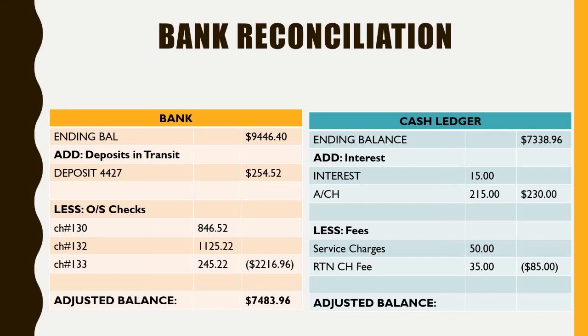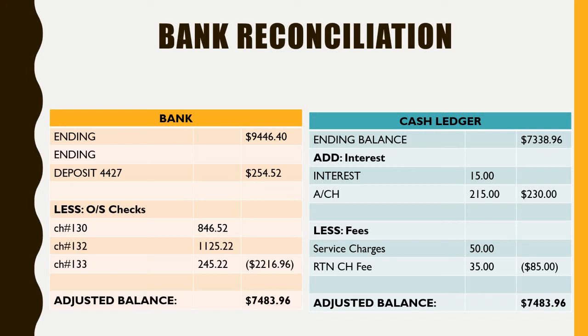So here, if I started out with $7,000, I'm going to add the $230 of interest that I've collected, and I'm going to subtract out my $85 of fees that I encountered. So therefore, I should get a total of $7,483.96.